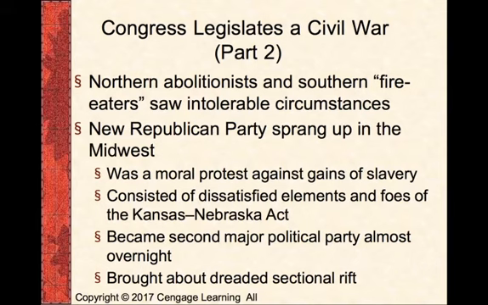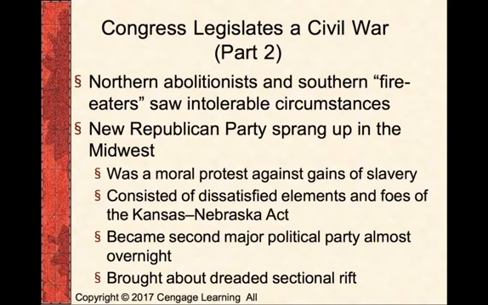This became a second major political party almost overnight, and it brought about the dreaded sectional rift between the country. This is the position that we're in leading into disunion, where we see bloodshed break out and fighting in Kansas and Nebraska over the issue of slavery. And that is where we leave it for the day.